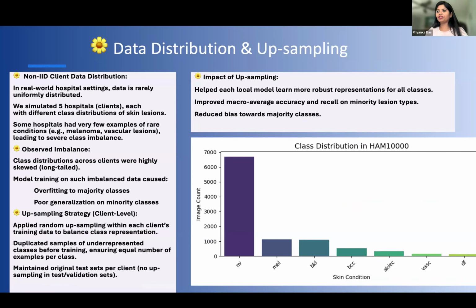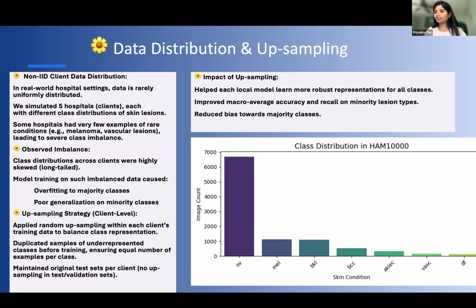This non-IID distribution led to two major issues during training. One is overfitting to the majority class, and the second is poor generalization on minority classes. To mitigate this, I applied random sampling at the client level. This involved duplicating samples from underrepresented classes within each client's training data to balance class distributions.